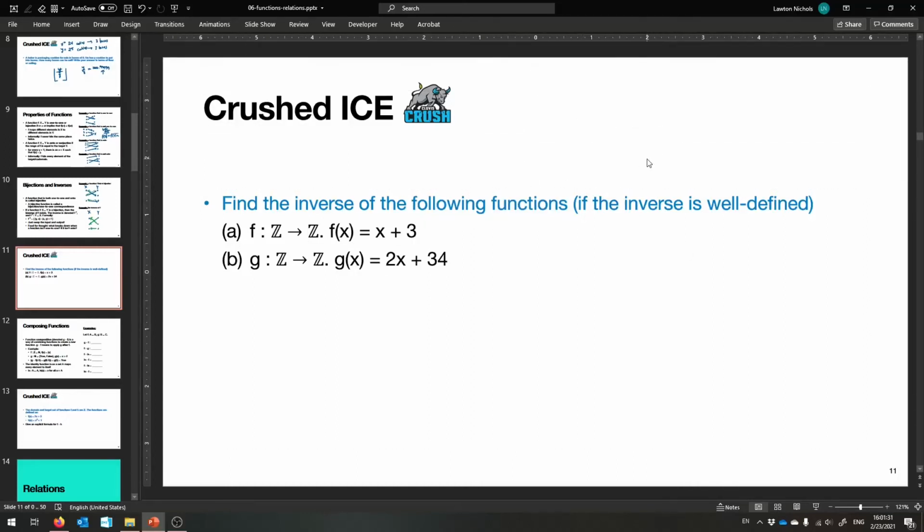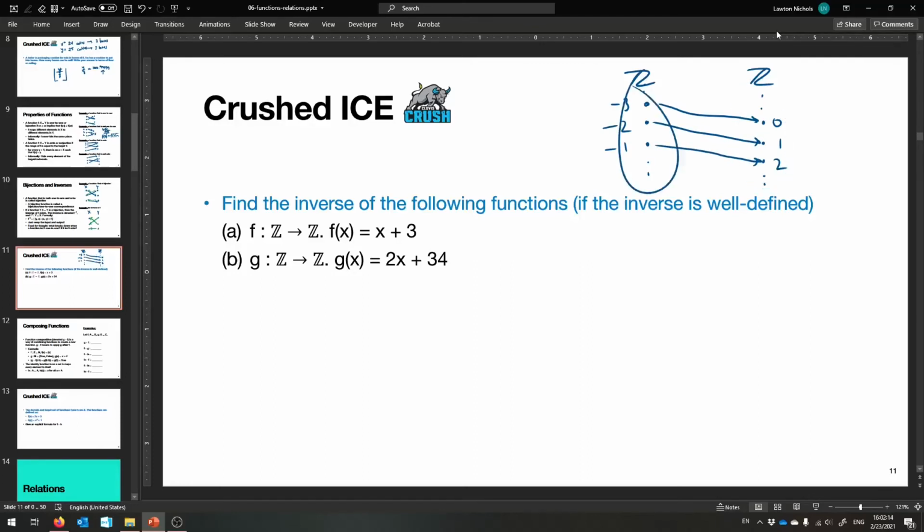Is that one-to-one? Let's draw Z up here, and another Z over here. So the idea is it's taking, I don't know, -3 to 0, -2 to 1, -1 to 2, etc., etc. And I think you can see that it is one-to-one.